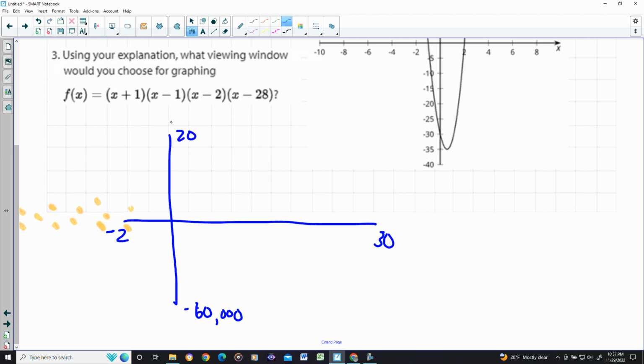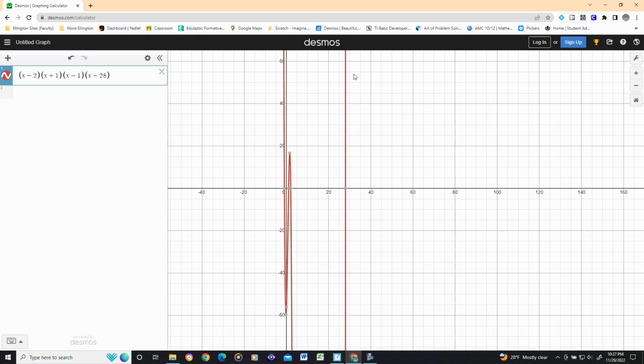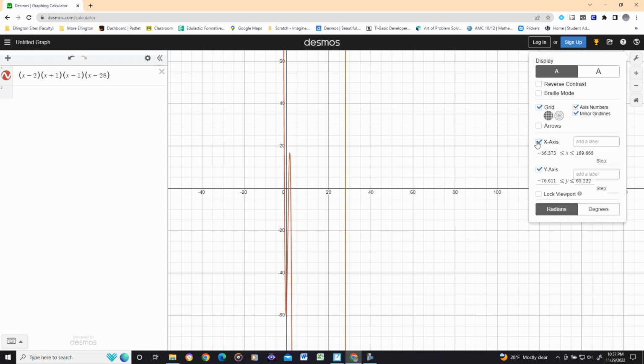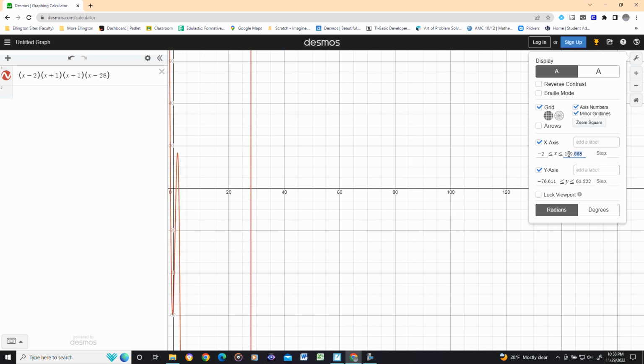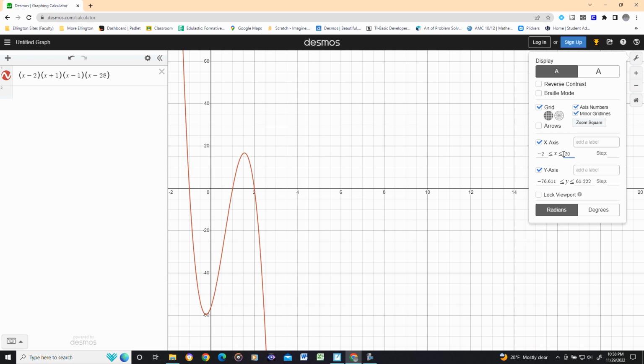Well, let's see what happens when I put that into Desmos. So you can actually change the viewing window in Desmos in case you haven't figured this one out. Choose the little graph settings button here, and I'm going to say x-axis, we're going to go from -2 to 20.